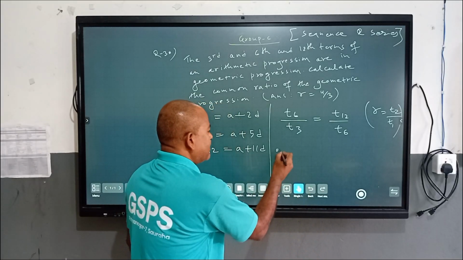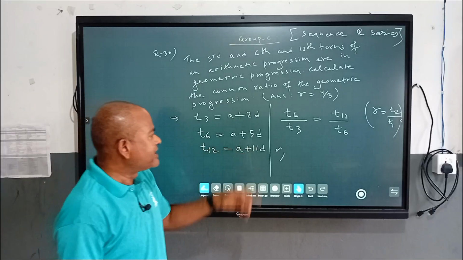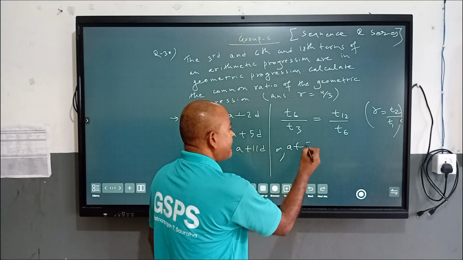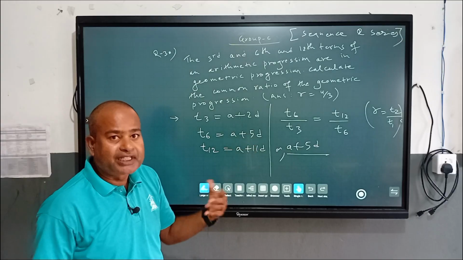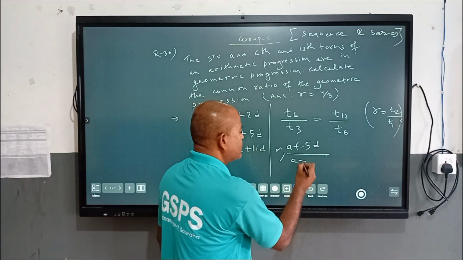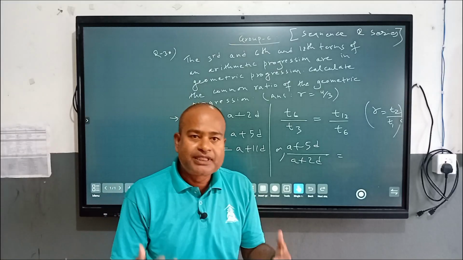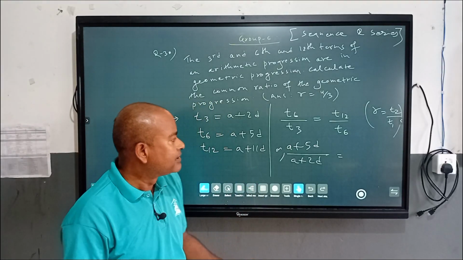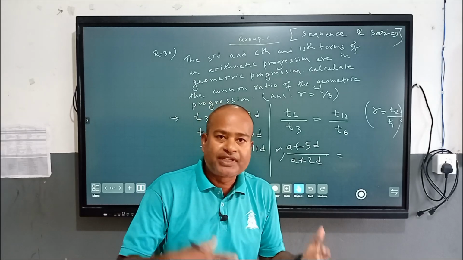Now let's put the value of the corresponding terms. The value of t6 is a plus 5d divided by t3, and t3 is equal to a plus 2d. By putting the values of t3, t6 and t12 and solving, we'll get the relation between a and d.